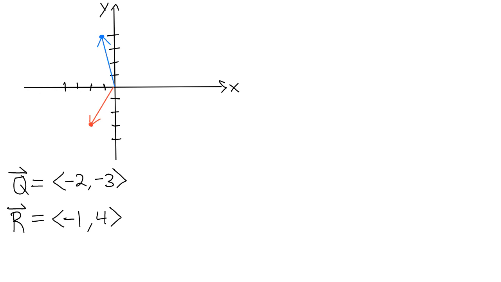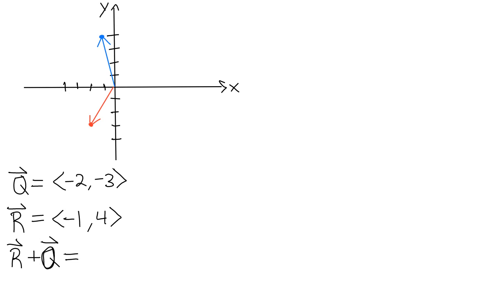I want to do R plus Q. Let's see what that vector would look like if we did R plus Q. R is the red one.